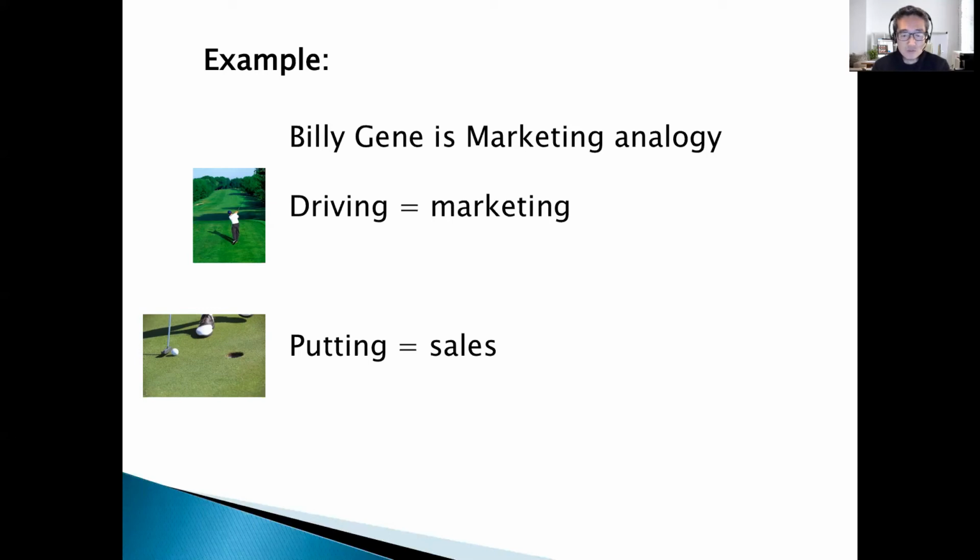And how is that an analogy? Well, basically, if your drive is good, meaning that you achieve the drive that's necessary and get as close to the hole as possible, then you make it easy to putt into the hole. And so the better your marketing is, the easier it is to sell.